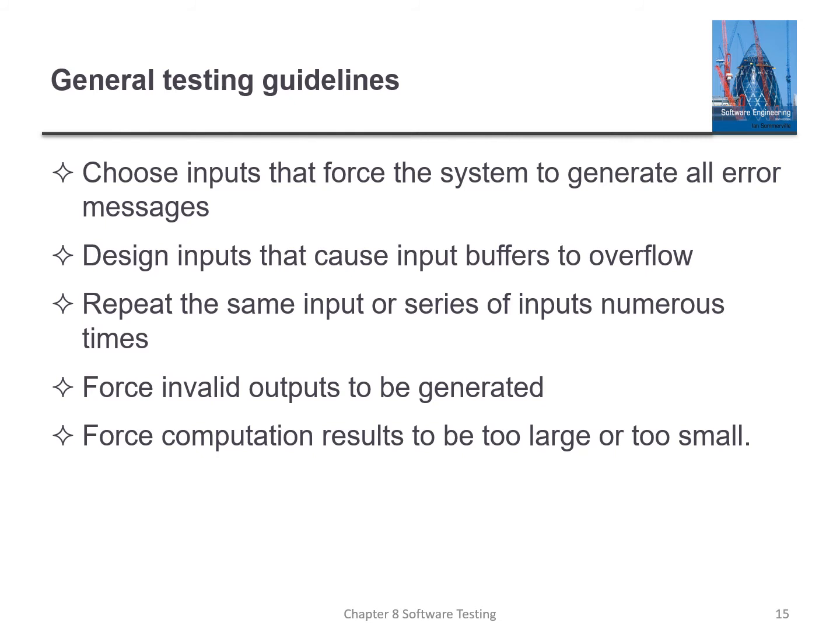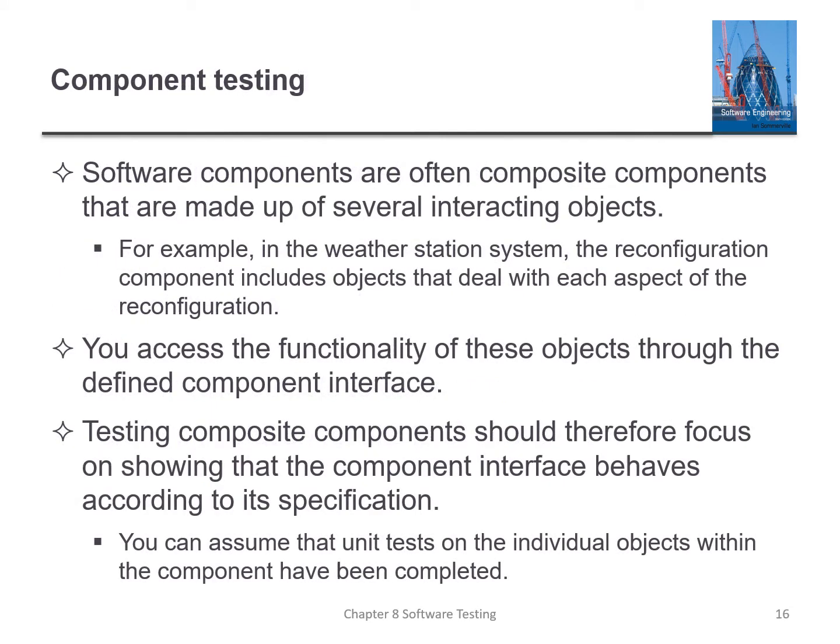Repeat the same input many times. You can also purposely identify test data that produces wrong output, and force results to be too large or too small. Basically these are all the strategies or guidelines that you can follow just to break the system. You want to cause errors in the system.